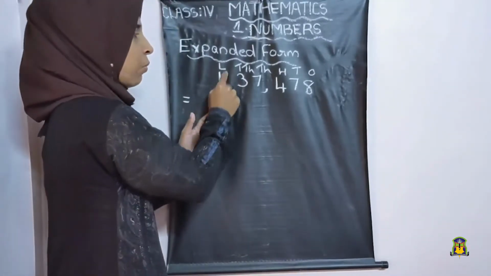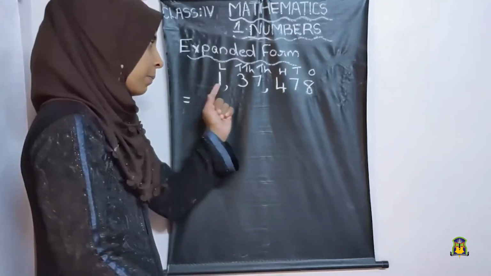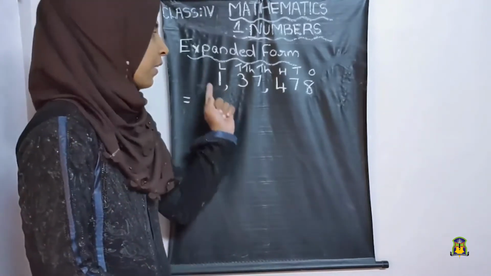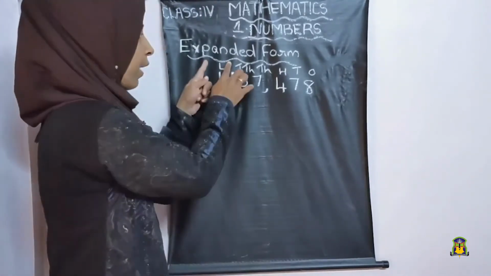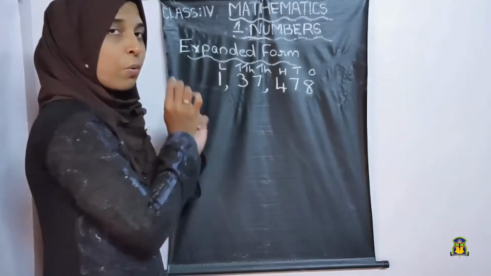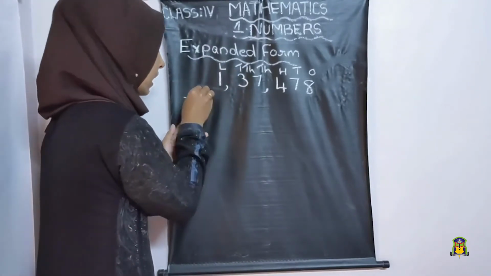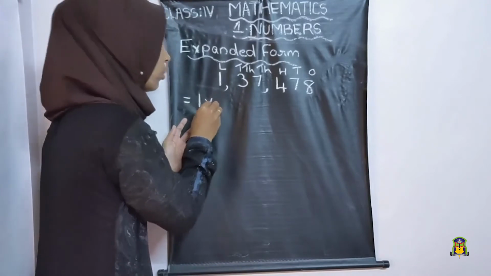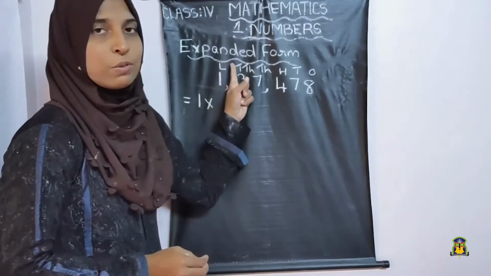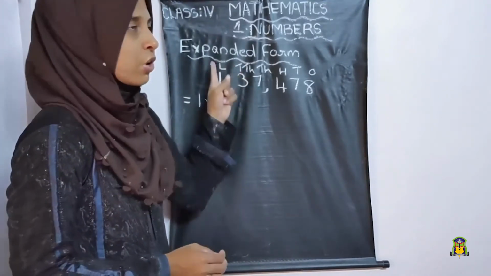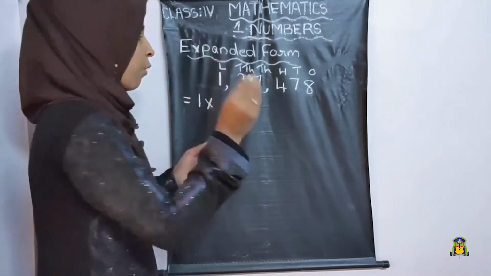So here what will be the place value of 1? Place value of 1 is face value of 1 into value of this place. The face value of 1 is 1, and 1 is in the lakh place, so the value of this place is 1 lakh.